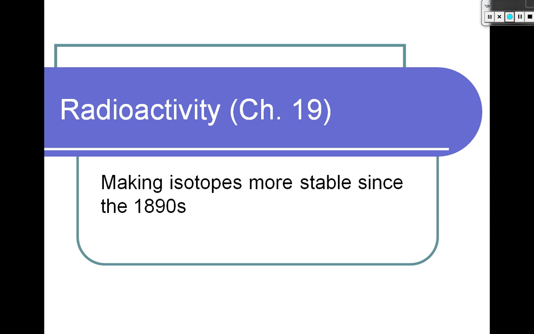And elements are radioactive because their nuclei are unstable. So if you remember when we talk about the nucleus of an atom, there are often different isotopes, meaning elements that have the same number of protons, so they're the same element, but different numbers of neutrons.